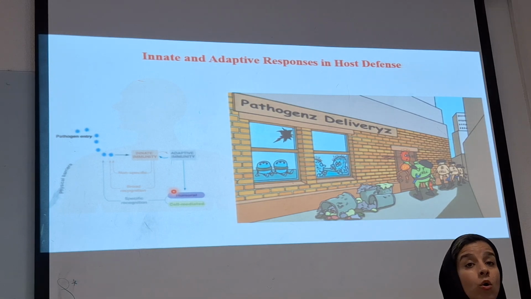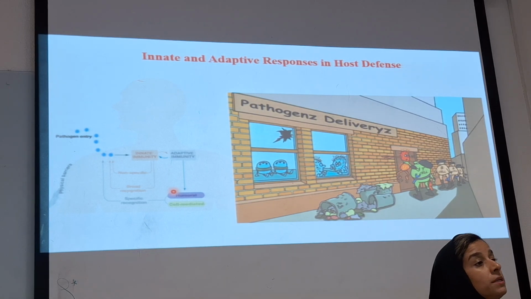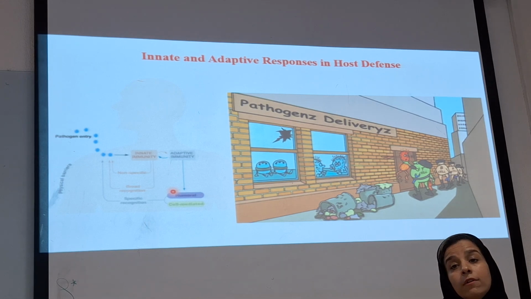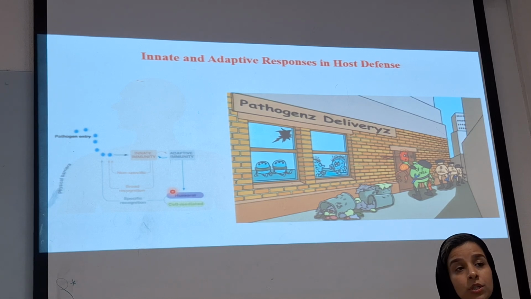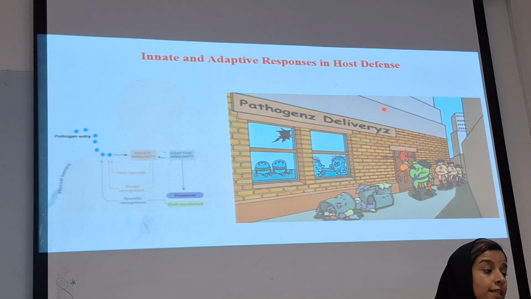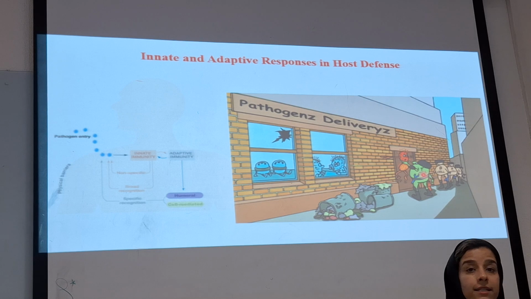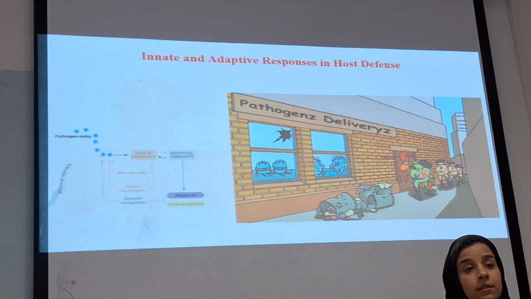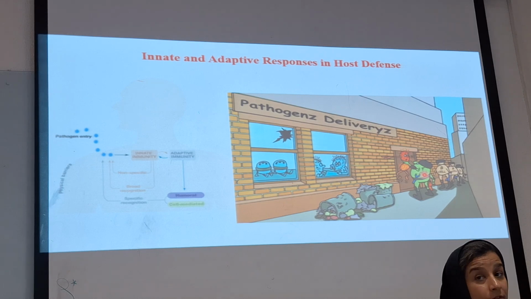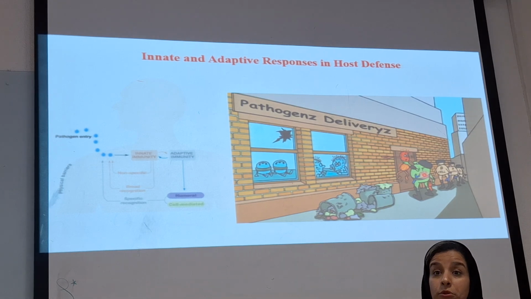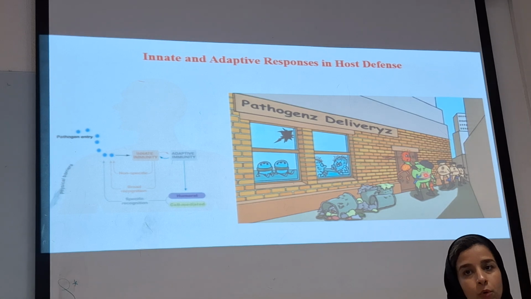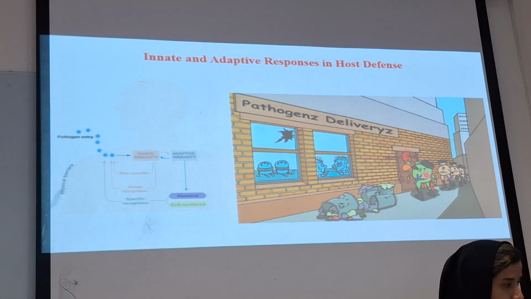After that, it alerts the adaptive immune cells, B cells and T cells, to the presence of foreign substances in our body. Then these B and T lymphocytes come there, recognize every criminal, every pathogen, specifically, and kill them or protect us against them.